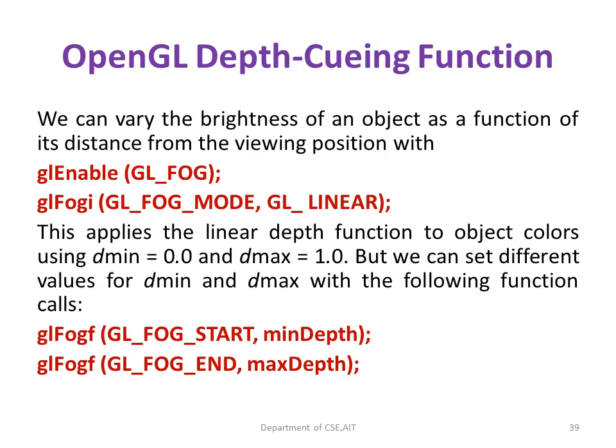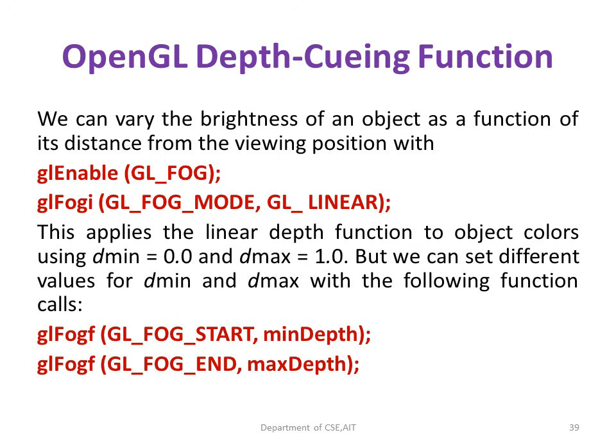We can vary the brightness of an object with respect to its distance from the viewing position by giving a foggy effect, by making use of GL_FOG_MODE, GL_LINEAR. In this case, a linear equation is applied and the object colors are varied.